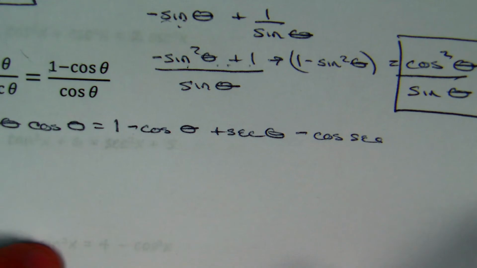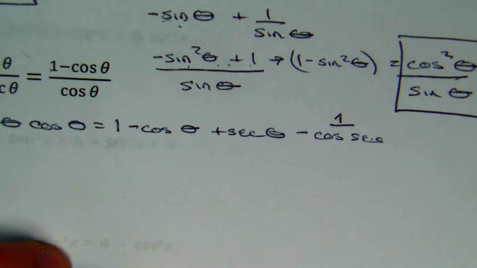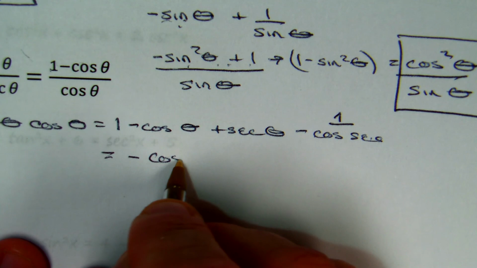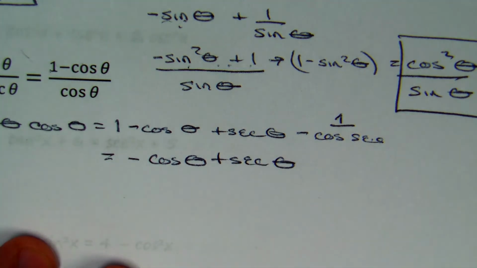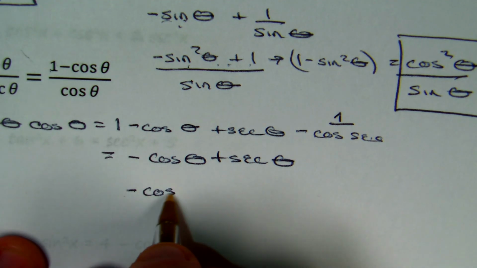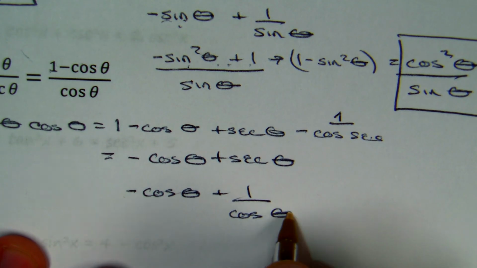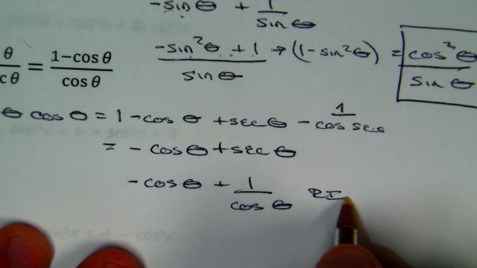Alright, just like in the previous problem, since cosine and secant are reciprocals, it's 1, 1 minus 1 is 0, so this becomes negative cosine theta plus secant theta. This becomes negative cosine theta plus 1 over cosine theta, using quotient identity, using reciprocal identities.